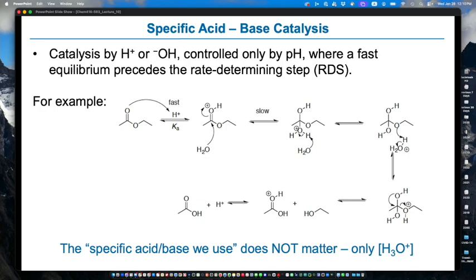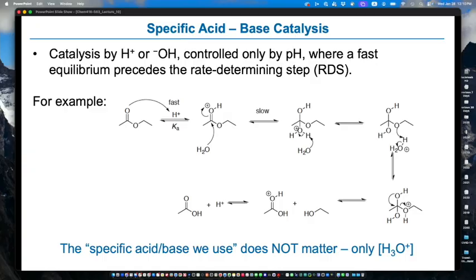You're basically saying that in these cases, the relative pKa of that acid is not the driving force, it's how many protons you have. And the rate will be identical if I use the same concentration of HCl, phosphoric acid, or sulfuric acid, as long as I match the proton component. In other words, as long as I match the H3O+ concentration or the pH, the rate will be the same. It doesn't care about the identity.